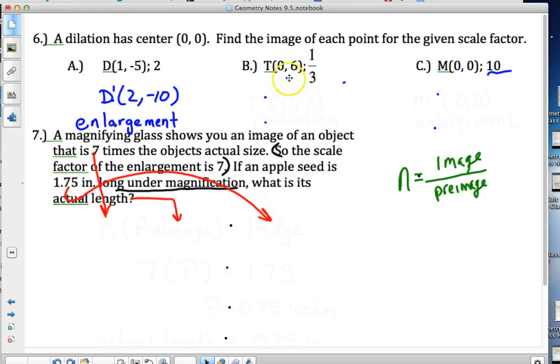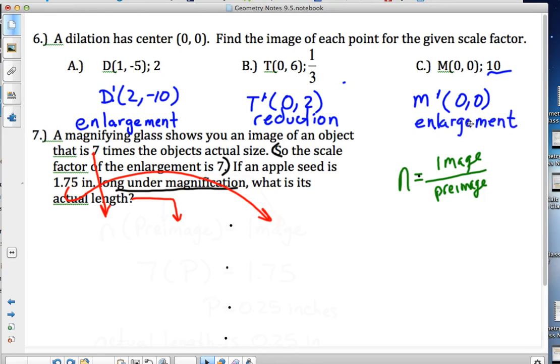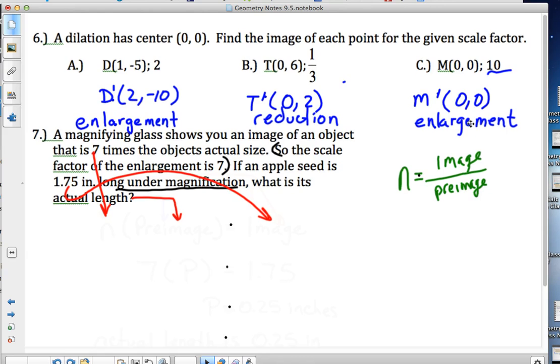Here, this happens to be a reduction because the scale factor is less than 1. So I multiply 1/3 times 0 and 1/3 times 6. I end up getting (0, 2), and that's a reduction. And here I've got M is (0, 0), and it's an enlargement, but the point is (0, 0). Okay, but it still will be an enlargement because my scale factor was bigger than 1.